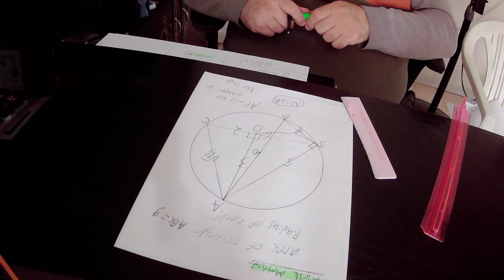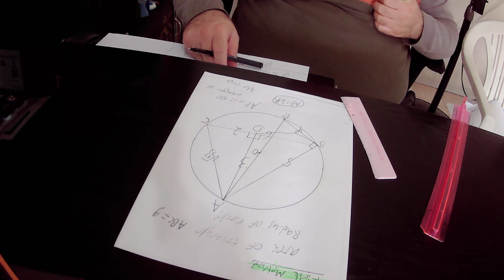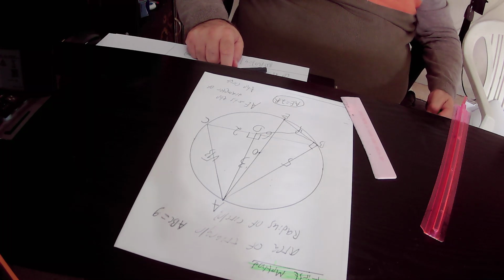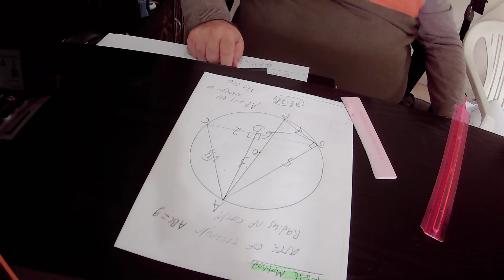So here we have also another rule. According to the following rule, if two peripheral angles rest on the same chord, they are equal to each other.